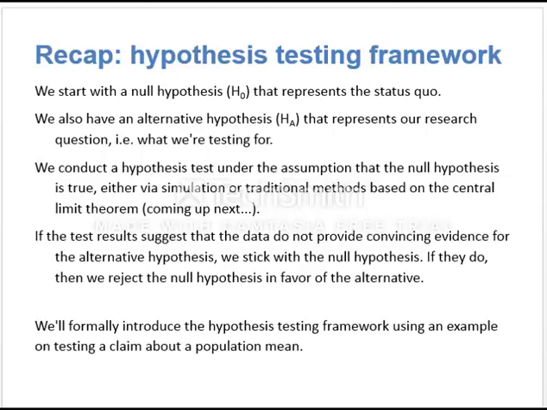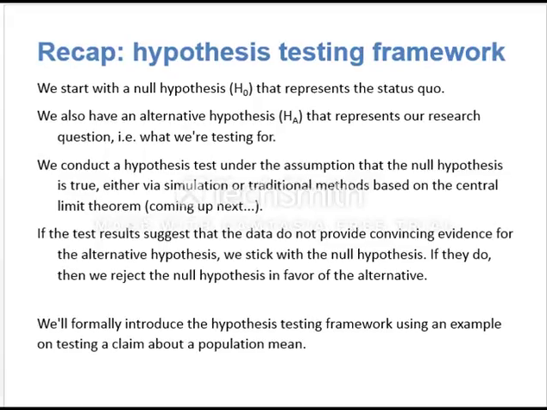So we believe it is true until we have evidence against it. So if we simulate data or derive a test statistic, it is under that assumption of the null hypothesis. Then, if the data provides evidence against the null for the alternative, that's when we reject the null in favor of the alternative. So in the next set, we'll complete this material.